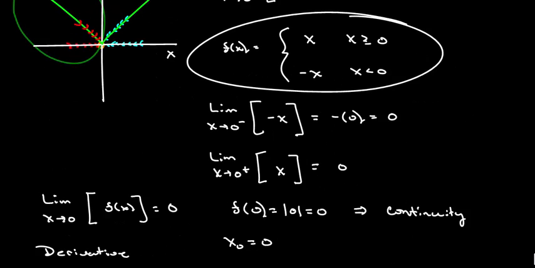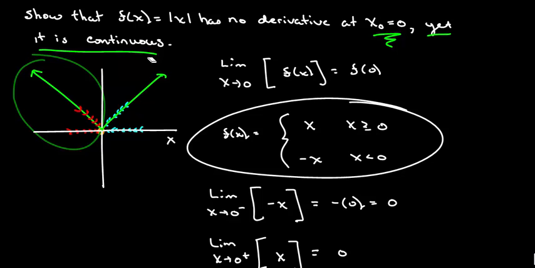What we're showing here is that as we come in from this direction, if I take any two points, grab a point here and a point over here, and push this point towards that point, the tangent line is going to be -1. However, if I take a point here and a point here and push them this way, it's going to be +1.